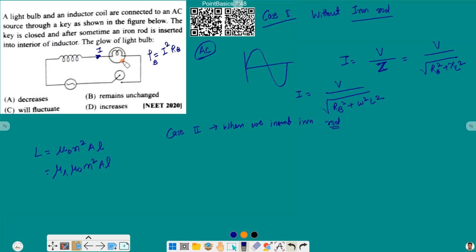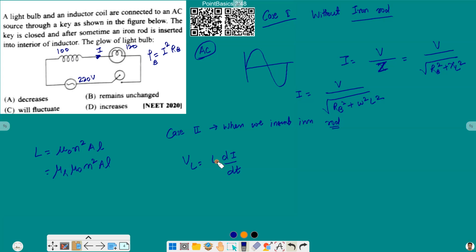And we can also solve it in a different way. We know that the potential drop across an inductor is given by L di by dt. So if L increases, the potential drop across this inductor will increase. Suppose our total supply was 220 volts, and out of this 220, initially a drop of 100 was across the inductor, and the remaining 120 was across the bulb.